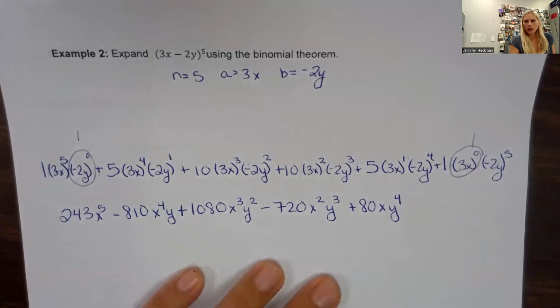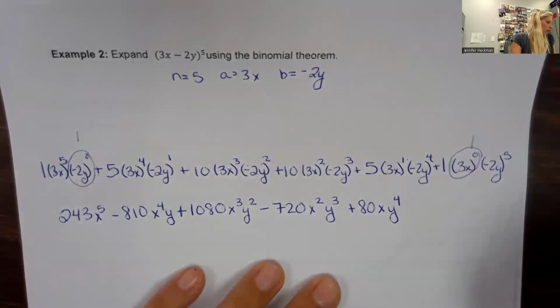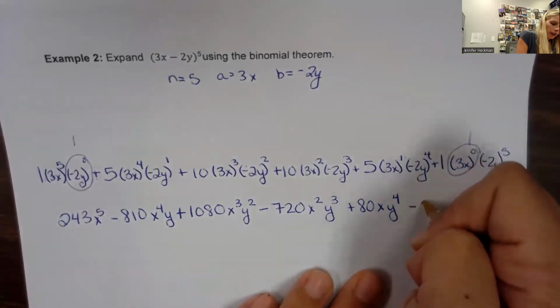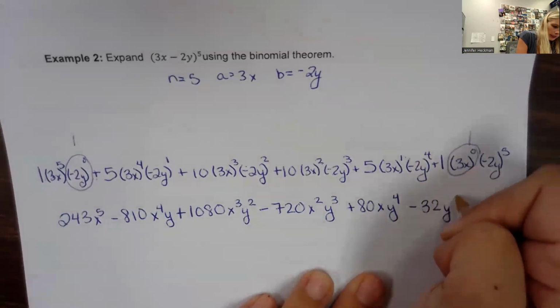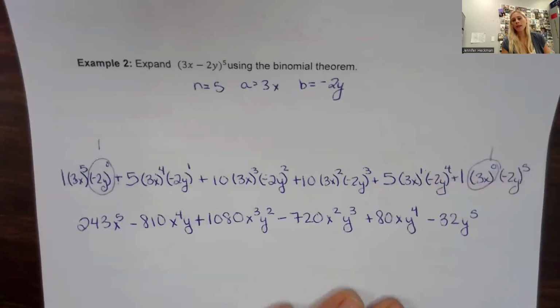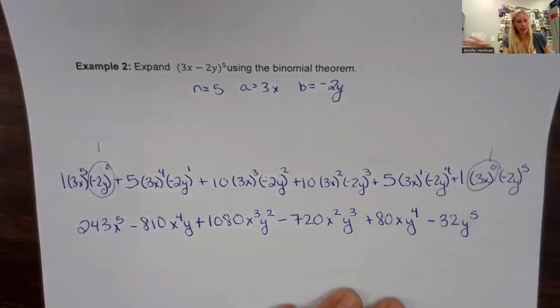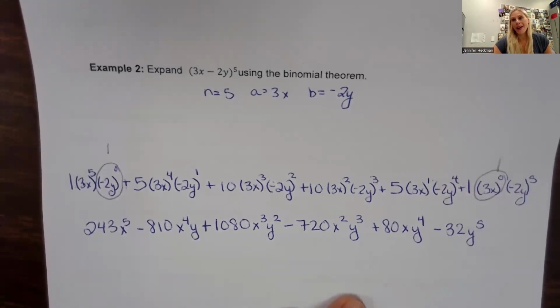And then our last term, we have 1 times negative 2y, and all of that's to the 5th. We get negative 32y to the 5th. I don't know about you, but that was way better than doing box, box, box. I think I would have ran out of room. All right, try and practice a little bit.